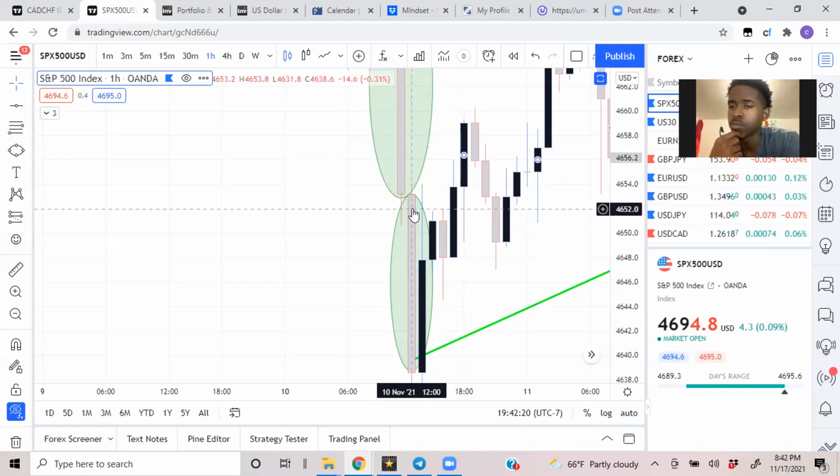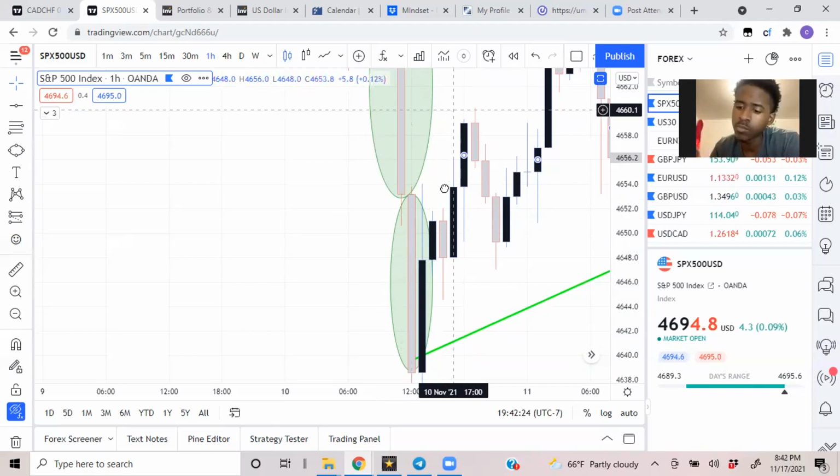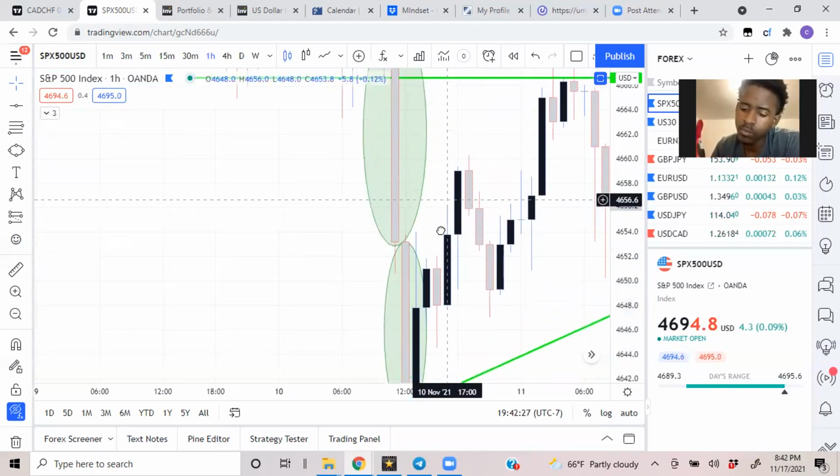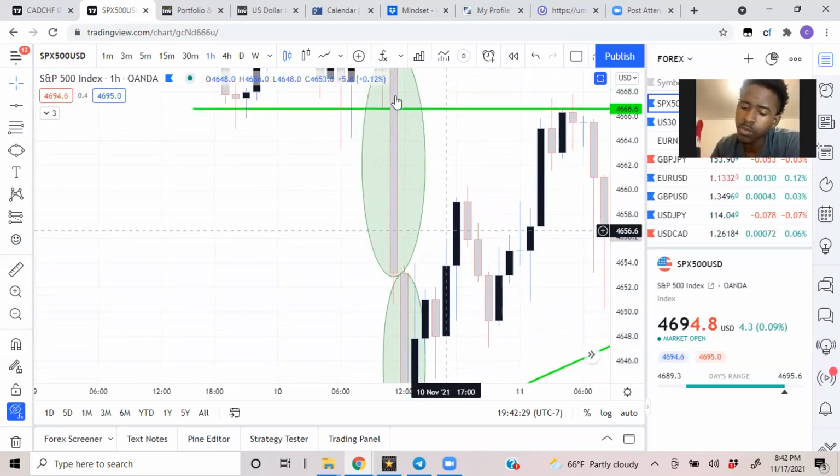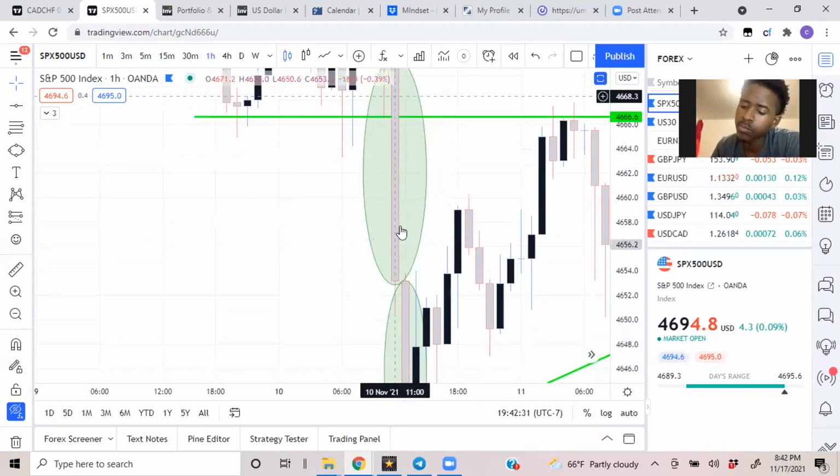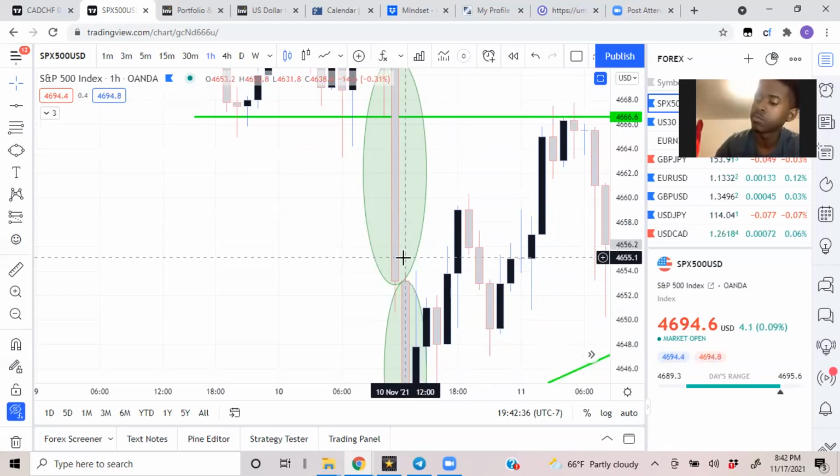And the reason you want to wait for a break and a close is because sometimes you will get a fake out. So you will get a break like this, and then you could get a candle right afterwards, and it'd be a buying candle buying all the way back up into this zone that we were in before.